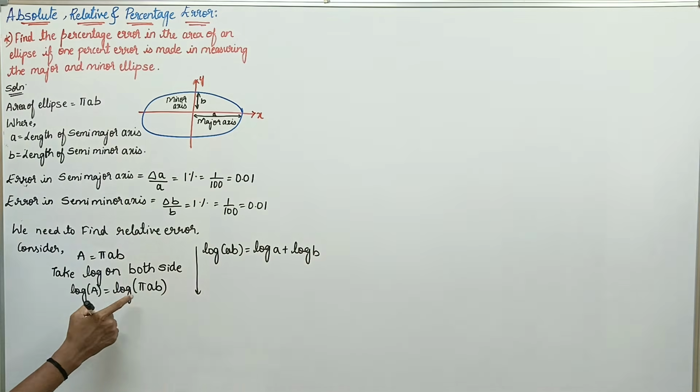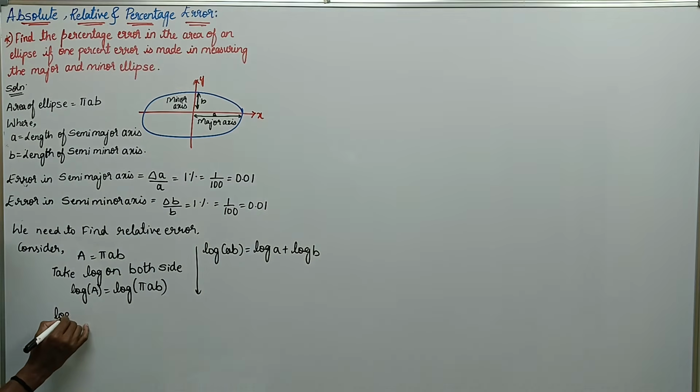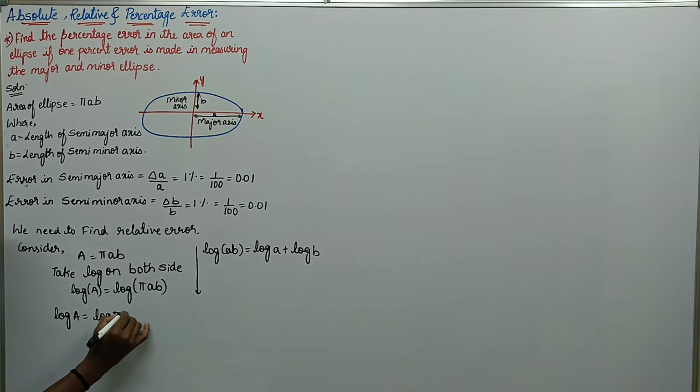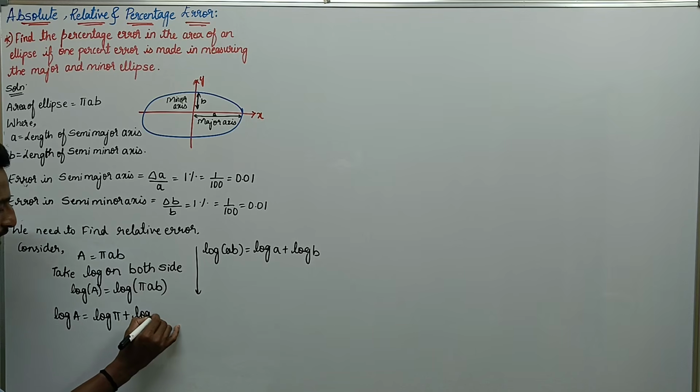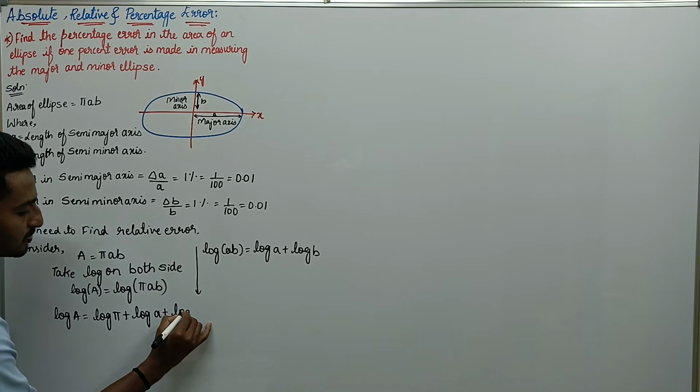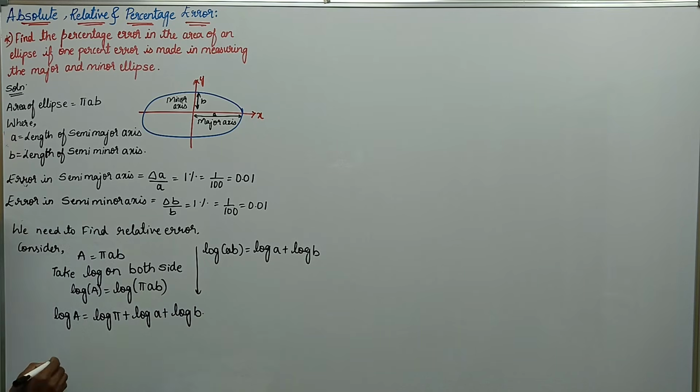Now I am going to simplify this condition. Log A is equal to log pi plus log a plus log b. Now what I am supposed to do? Differentiate partially.